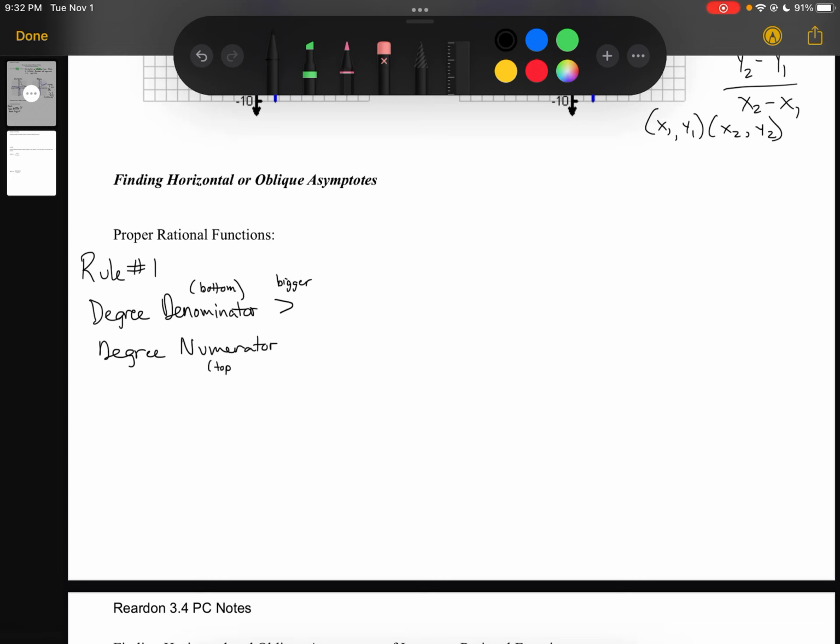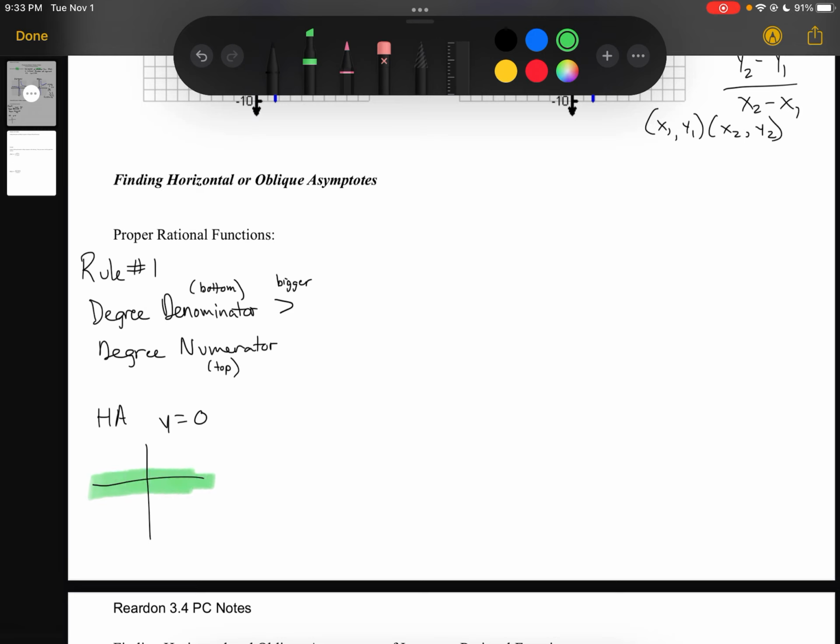So denominator is the bottom, and numerator, that's the top. So we're saying the bottom's bigger than the top. So if the bottom is bigger than the top, then we have a horizontal asymptote at y equals 0. So this is an example we actually covered in the last set of notes. So we know this already. We're feeling good about this.